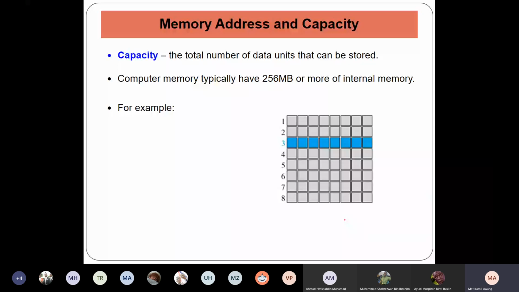So 1 terabyte, you multiply by 8, and you get 8 terabits, because 1 terabyte is equivalent to 8 terabits, because 1 byte is 8 bits.